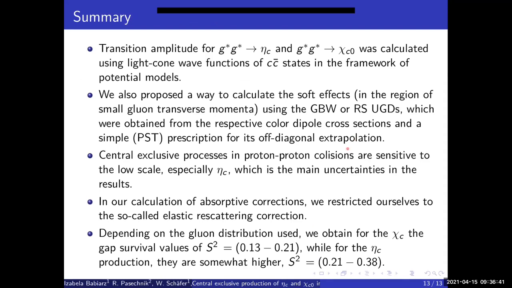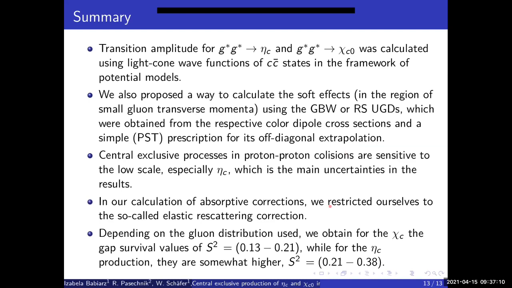Maybe I didn't mention that, but we think that it is the soft effects in the production of eta C in the region of small gluon transverse momenta. And we used for that purpose the GBW or Rezaeian UGDs, which are obtained from the respective color dipole cross section. In this way, we extrapolate the off-diagonal gluons.